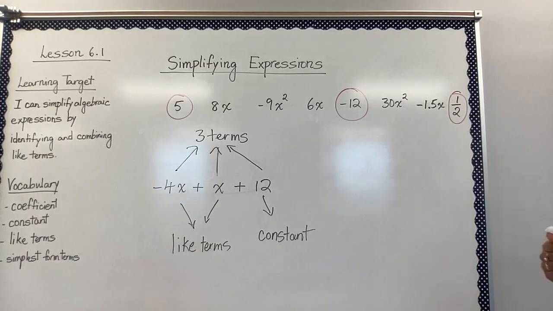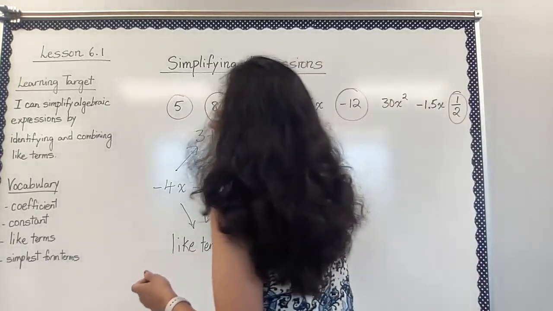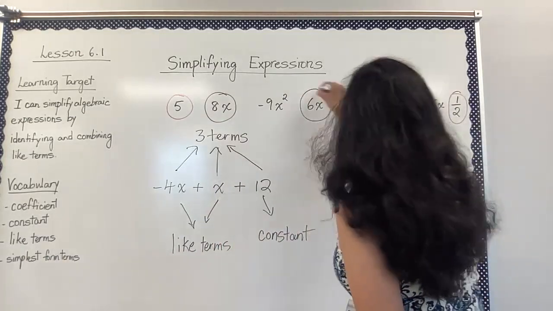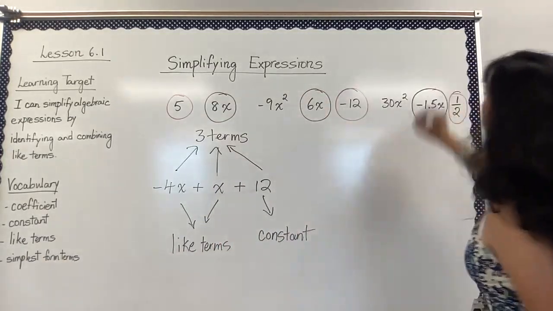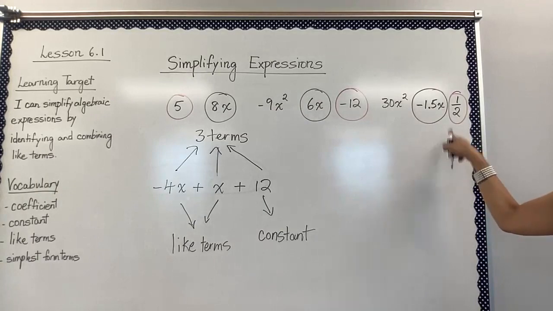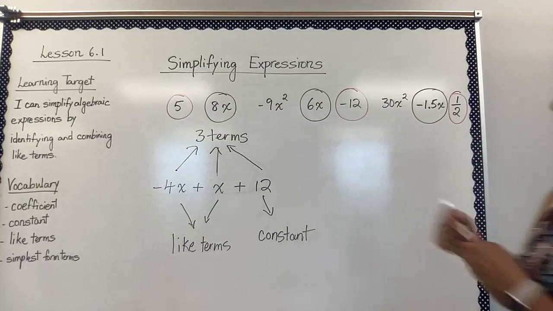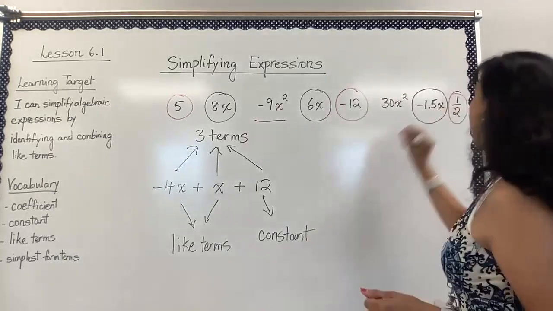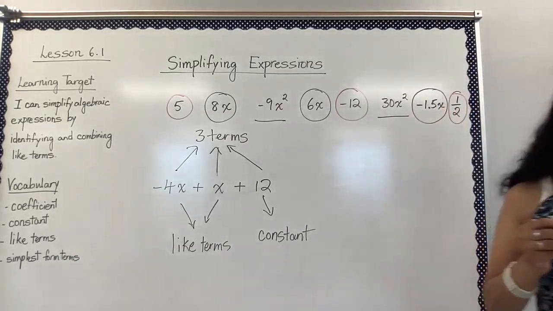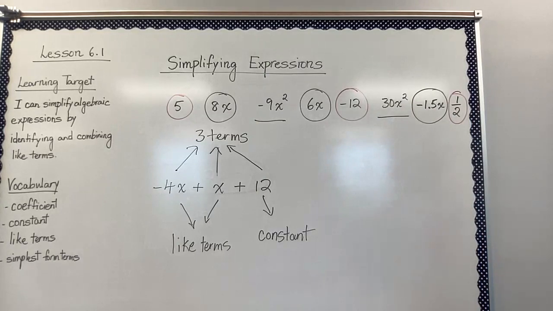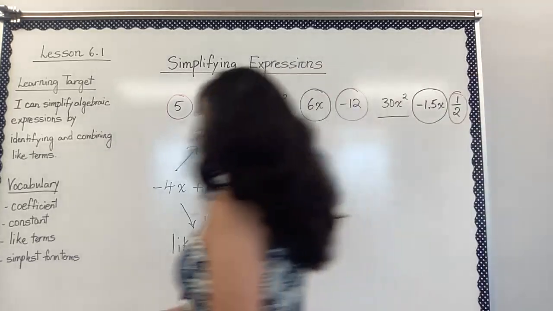If I look at 8x, 6x, negative 1 and 5 tenths x, those 3 are like terms. And then I'm left with negative 9x squared and 30x squared. These are like terms. Just remember they've got to have the same variable with the same exponent to be like terms. So let's solve some problems.